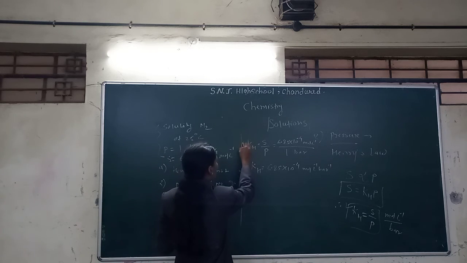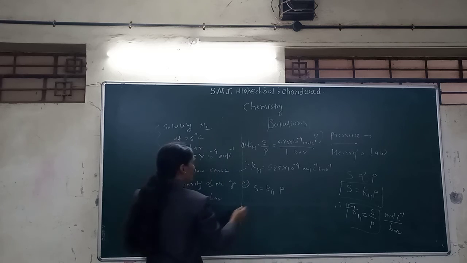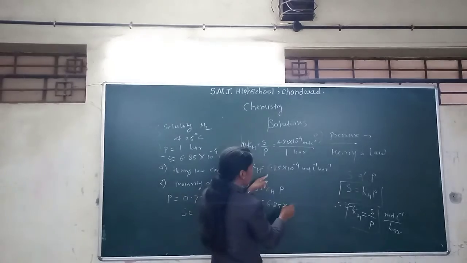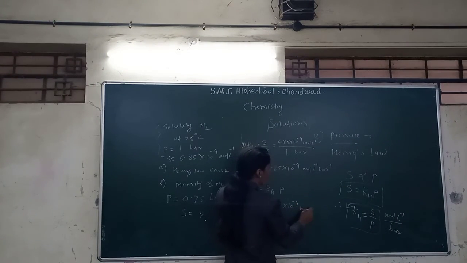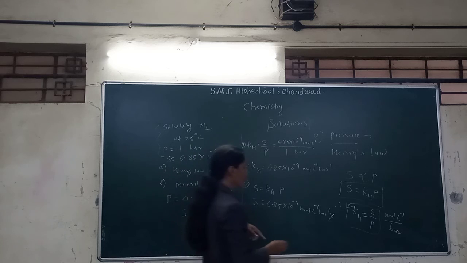Means second calculation, again the formula of solubility: S is equal to KH into P. S is equal to KH, 6.85 into 10 raised to minus 4 mole per liter per bar, into pressure. Pressure is given 0.75 bar.